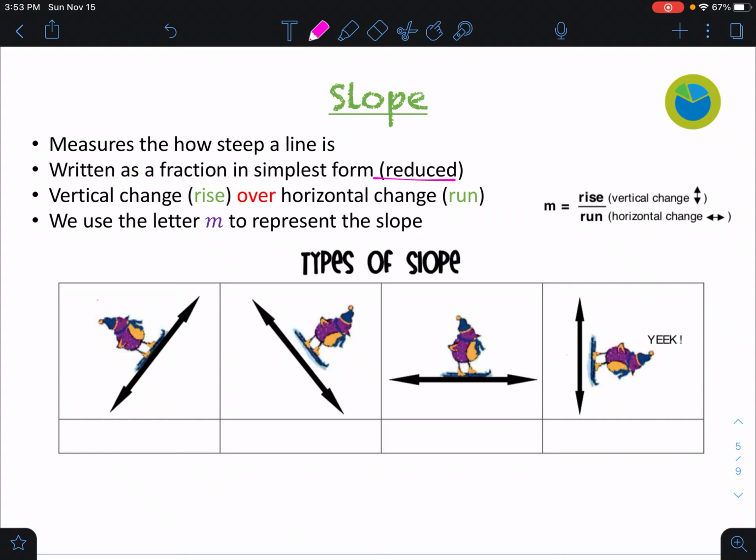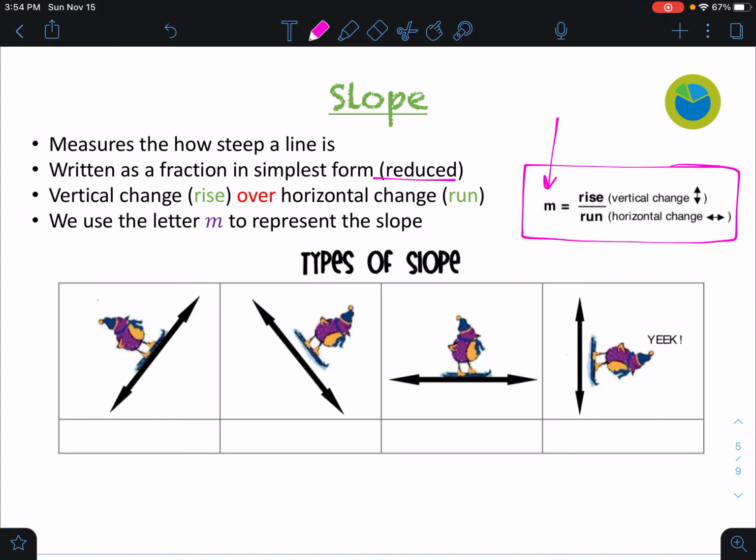It is the vertical change, known as rise, over the horizontal change, known as run. Vertical change, rise, divided by run. We use the letter M to represent slope. There's some debate as to why they use M, but whenever you see M, you should be thinking that represents slope.